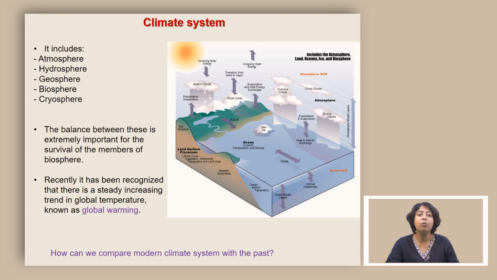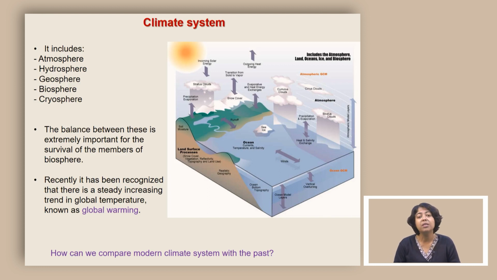So, therefore, we are always interested to know how the past temperature record, or the past climatic record, looks like. But the question is, how do we decipher the climate of the past when we cannot see them? So, today's focus is going to be different techniques that we use to understand the past climate.